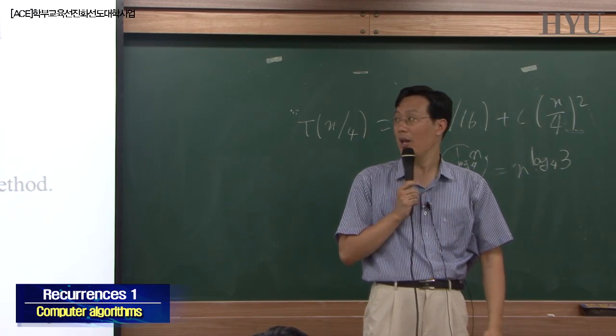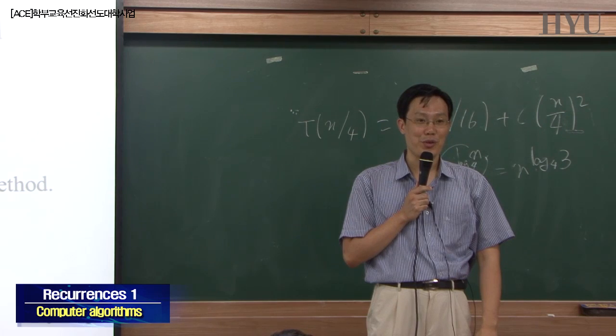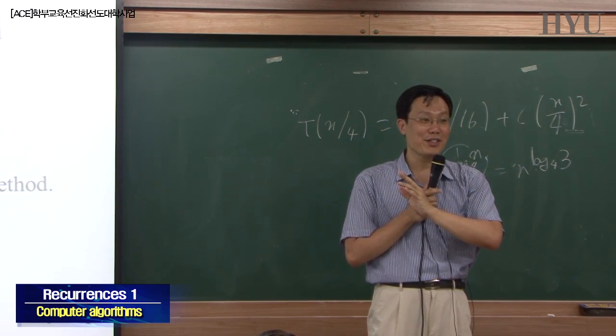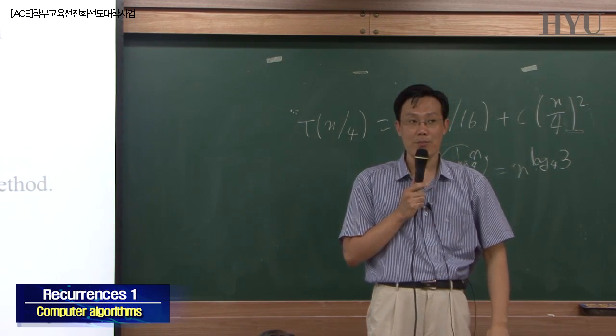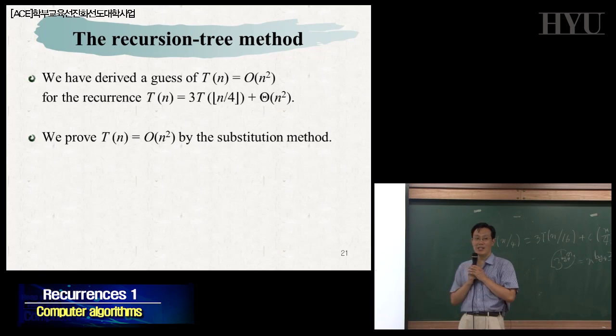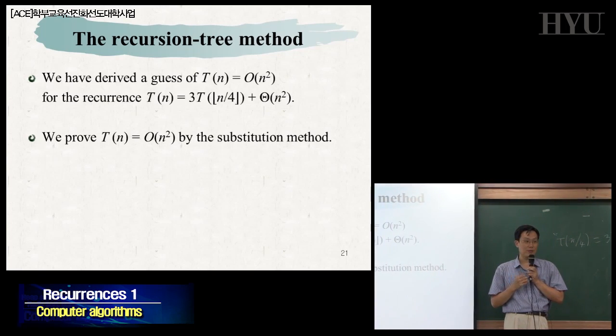We've come a long way to guess it is big O of n squared. Note that it is just a guess, not a formal proof. To prove that, we need to use the substitution method.